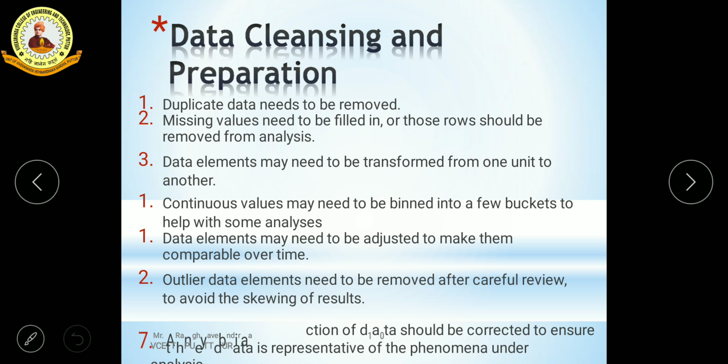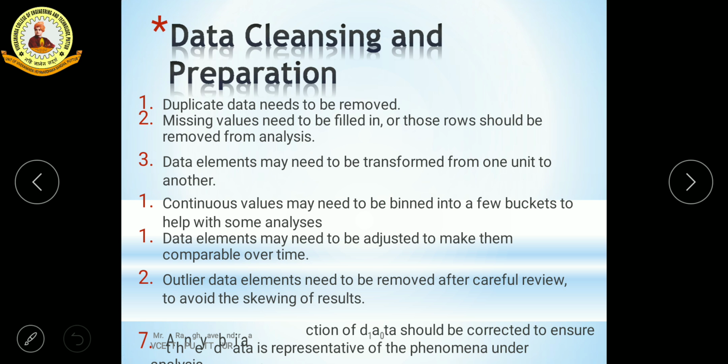So what do you need here? You should remove the duplicate data. Okay, the same data may be received from multiple sources. When merging the data sets, data must be deduped or duplicates must be removed, right? That is the first point. Then the second point, you need to fill some missing values, or there may be some rows that should be removed from analysis, right? Missing values can be filled with the average or mode or default values.